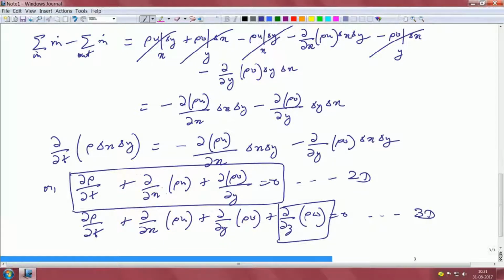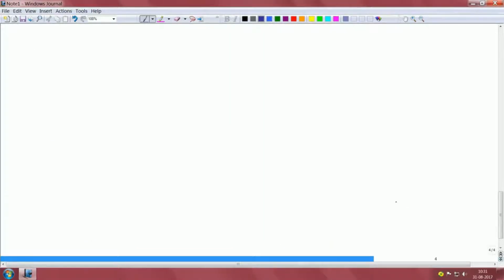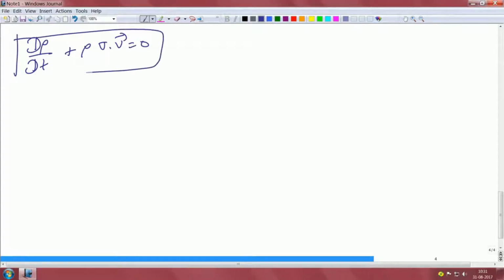You can write it in a more compact way, using the material derivative. This is the most compact way of writing the continuity equation. If you expand this, you will get what I wrote for the 3D or the 2D, depending on your flow configuration. So, this is the compact notation.